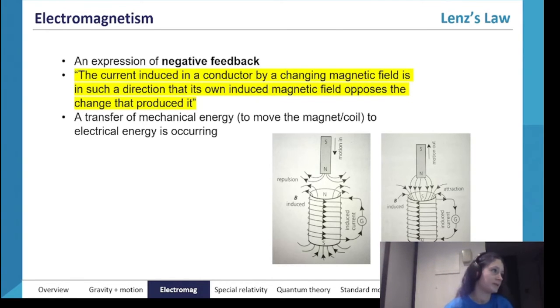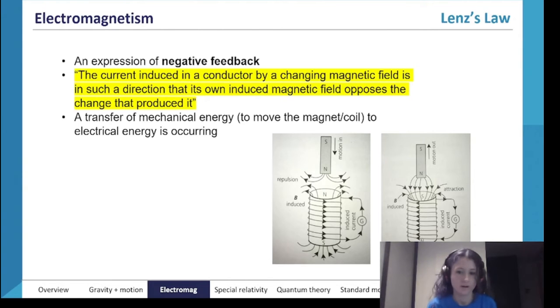What this means is that the current induced in a conductor by a changing magnetic field is in such a direction that its own induced magnetic field opposes the change that produced it.